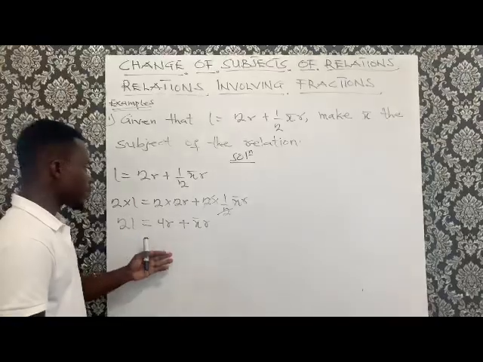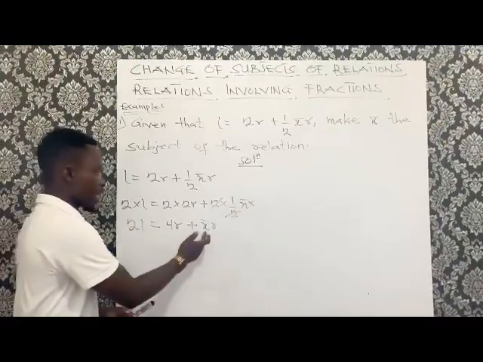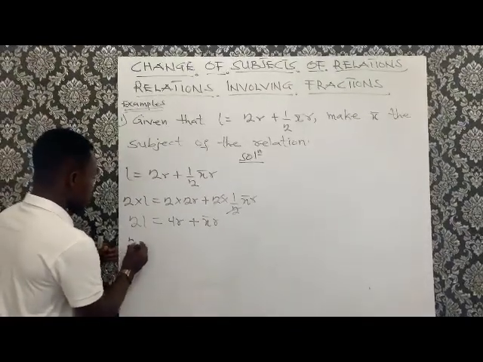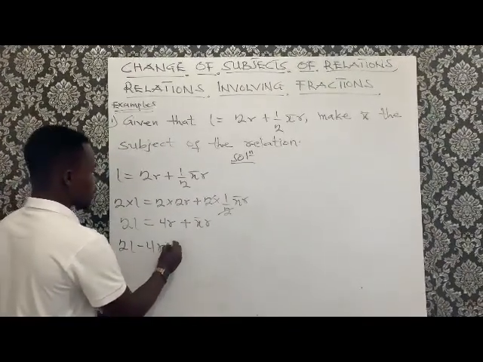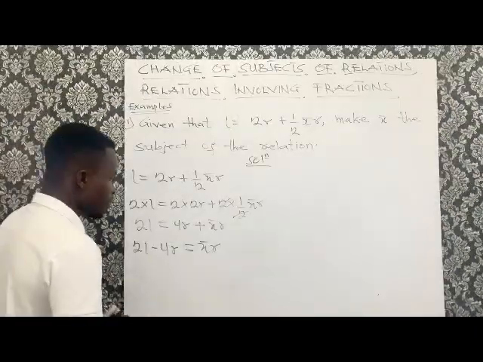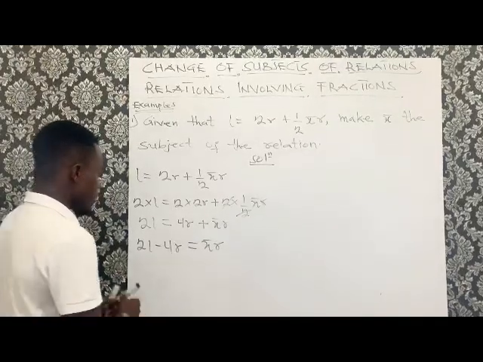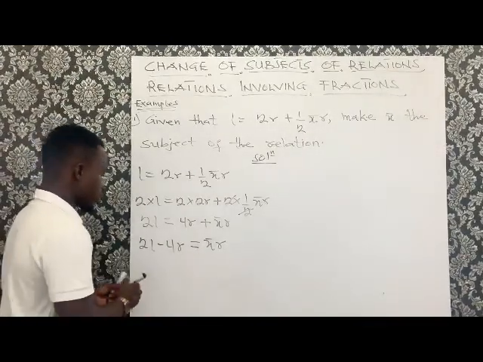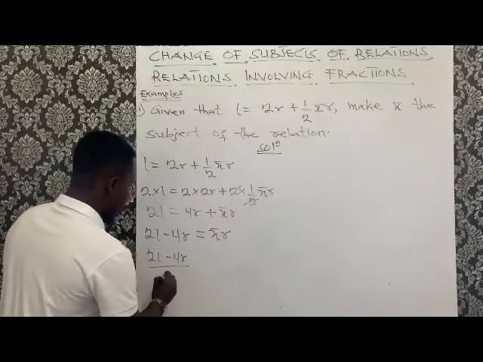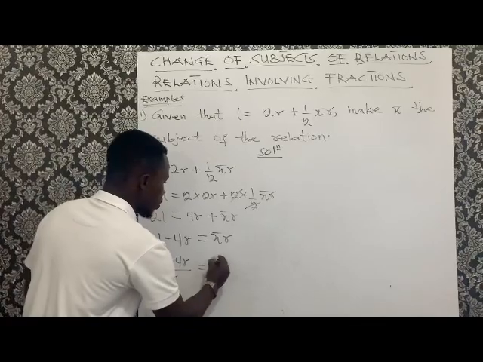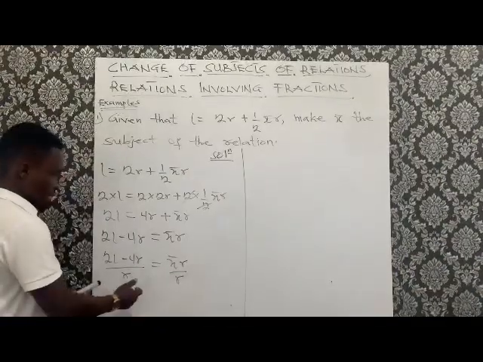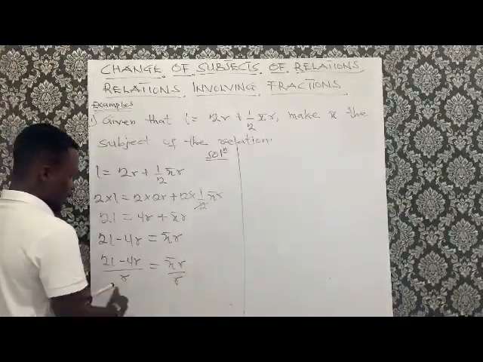So from here we group terms containing power. There's power here but there's no power here, so we subtract this one from this one, which will be 2L minus 4R equals power R. Since we have to make power the subject, we divide both sides by R. So we have 2L minus 4R all divided by R equals power R divided by R. Now there's R here, there's R here, so they cancel out.